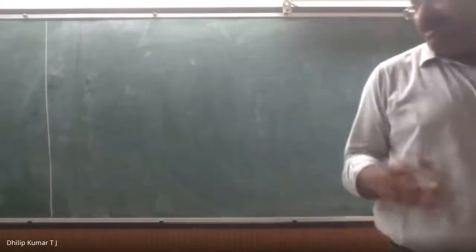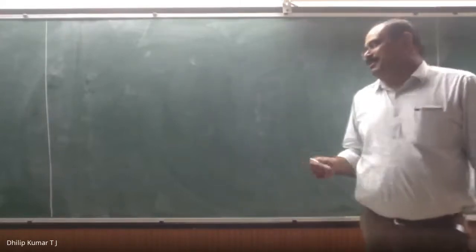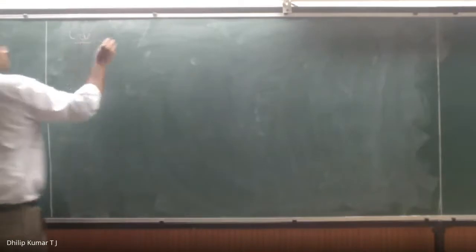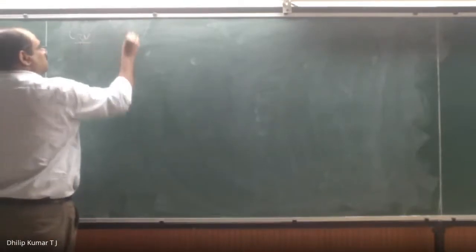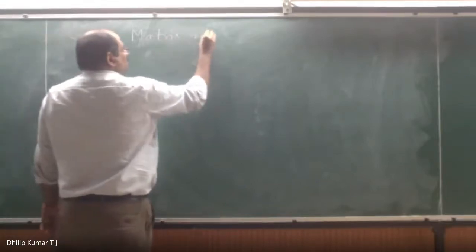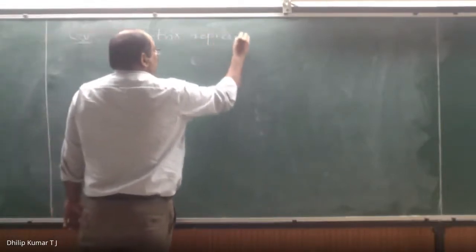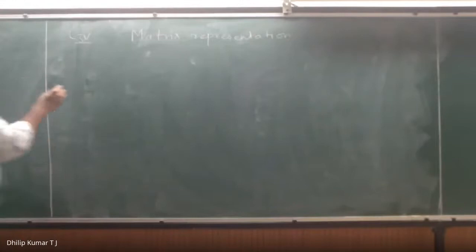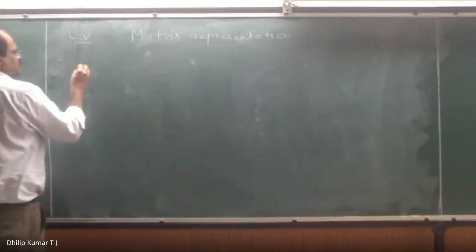Okay, so how the matrix will look like, we just see. So again, we just start with C3v matrix representation. This is for when atoms are moving. So C3v, we just take an example, ammonia itself.